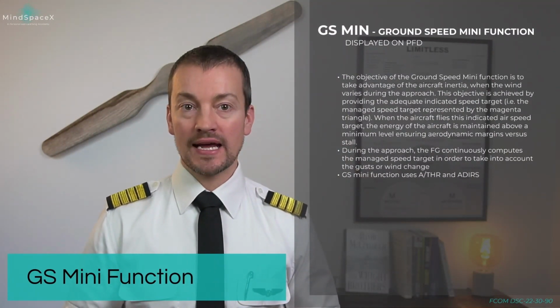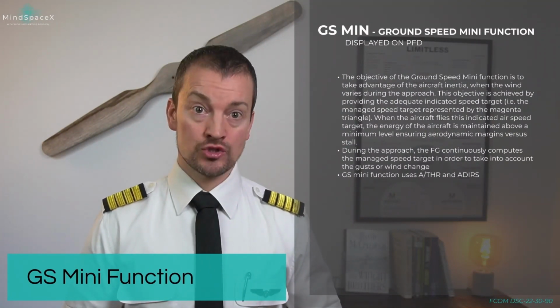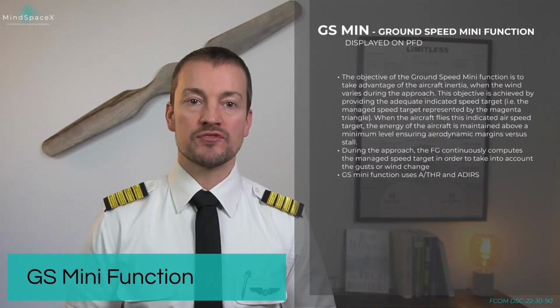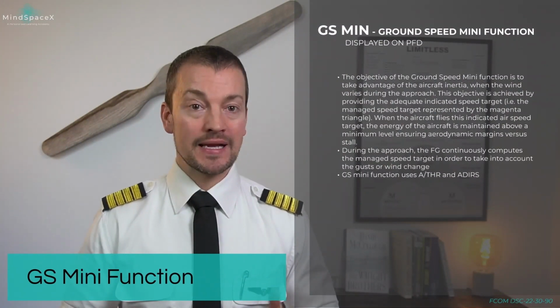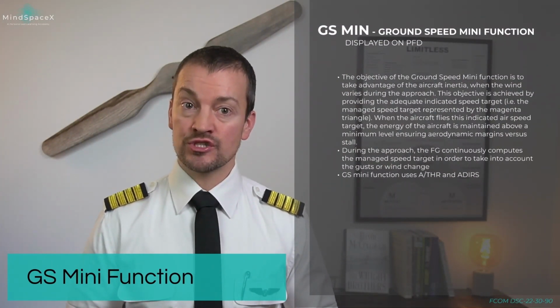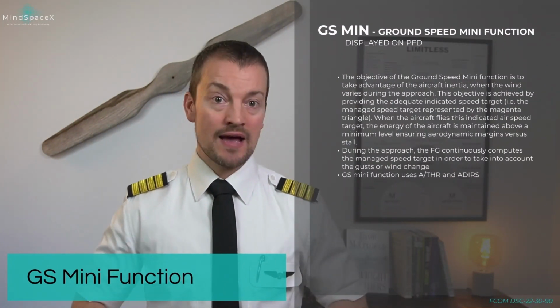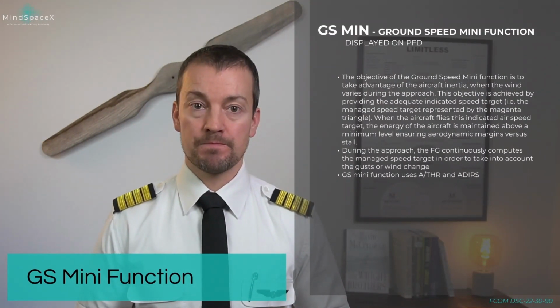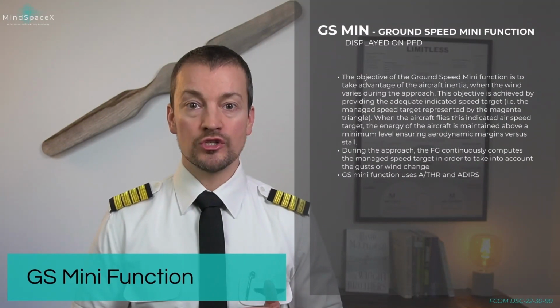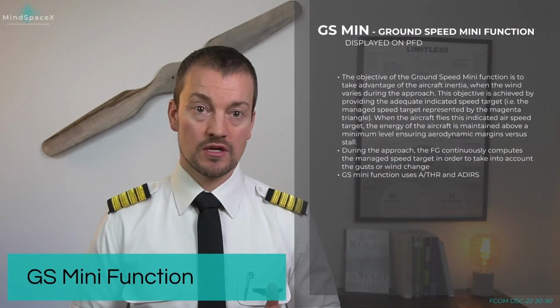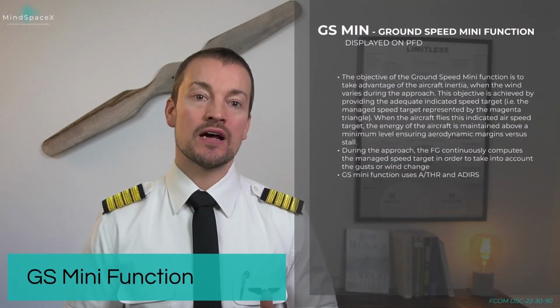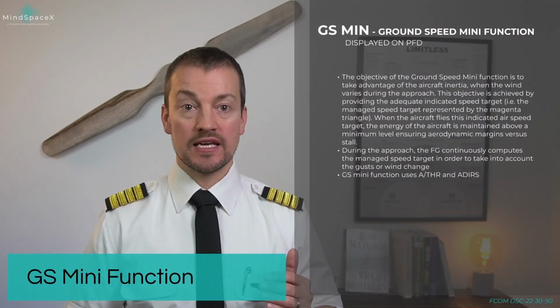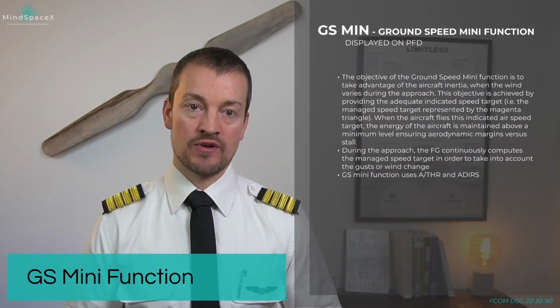If we had to account for that manually, as I will also illustrate here, we would have to vary thrust greatly, but it can put the aircraft into a dangerous scenario where the aircraft may not have enough inertia in case of very gusty conditions. The ground speed mini function uses auto thrust and the ADIRS for its establishment of the actual winds around the aircraft.